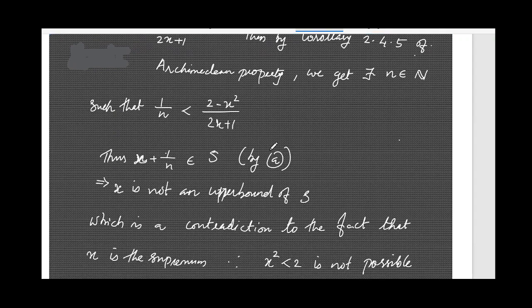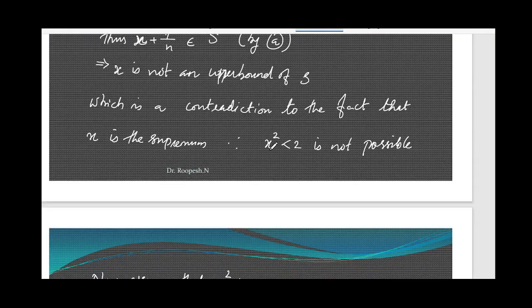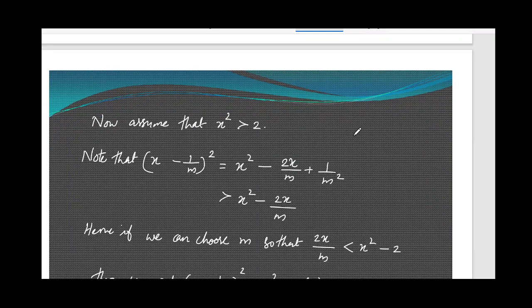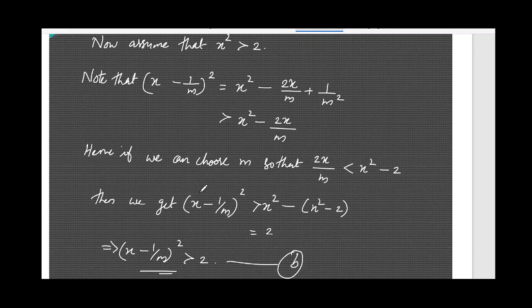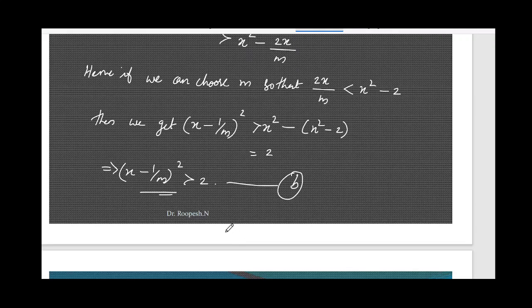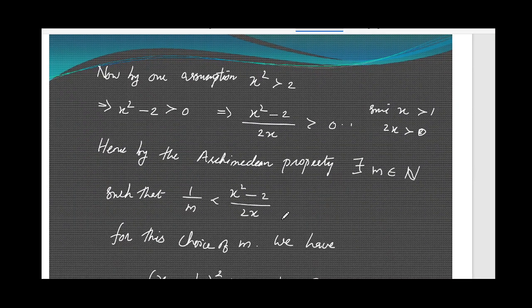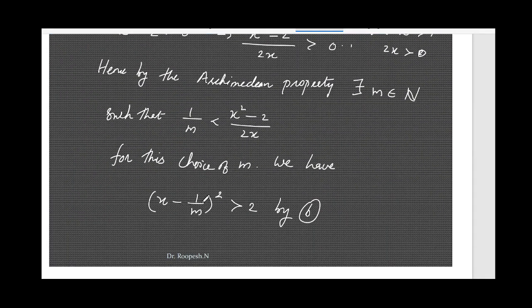And similarly, in the second stage, we will assume that x square is greater than 2, and we will get the natural number m such that (x minus 1 by m) square is greater than 2. Now from these two, we will have (x minus 1 by m) whole square is greater than 2.